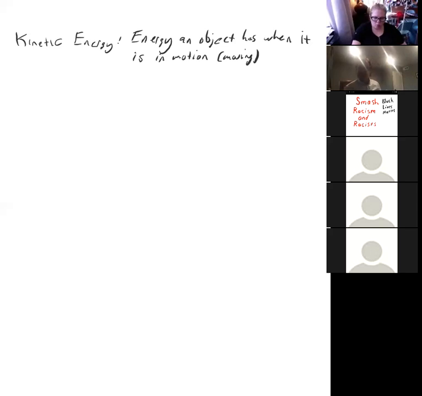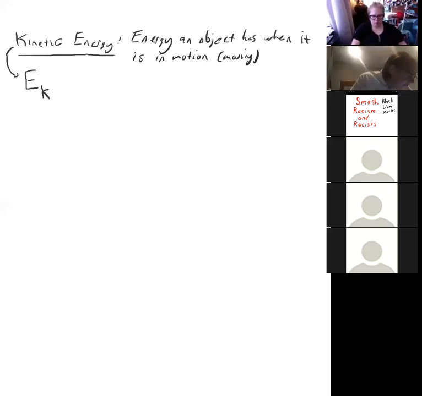Okay? Again, different symbols are used for this. I will use a capital E for energy, and then I'll put a little k underneath it for kinetic. But you will see different symbols. Sometimes people use KE for kinetic energy. Sometimes people just use a K for kinetic energy, but it's some form of energy.